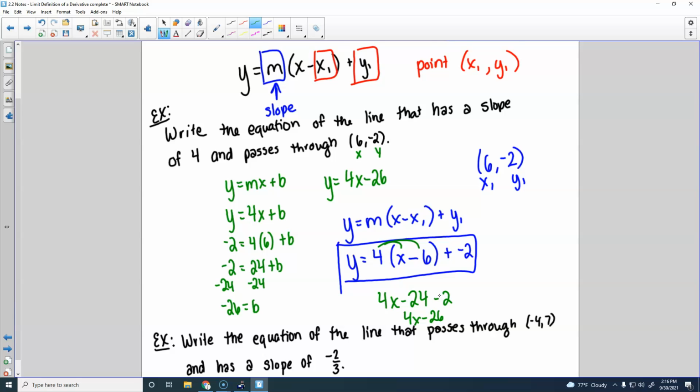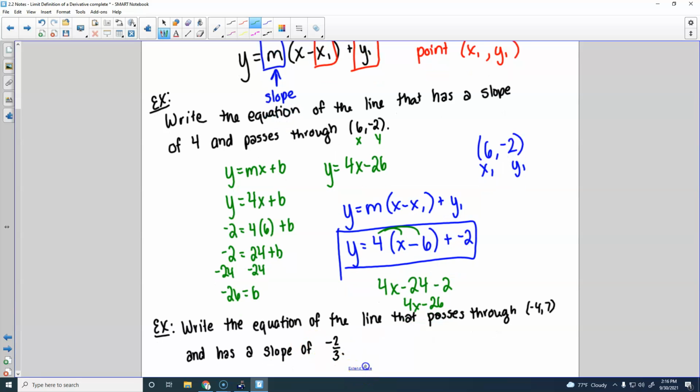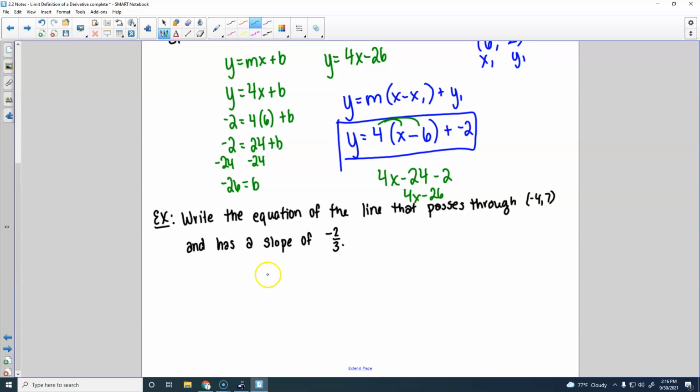Okay. So try the next one there, using y equals m times x minus x1 plus y1. So just plug it in.